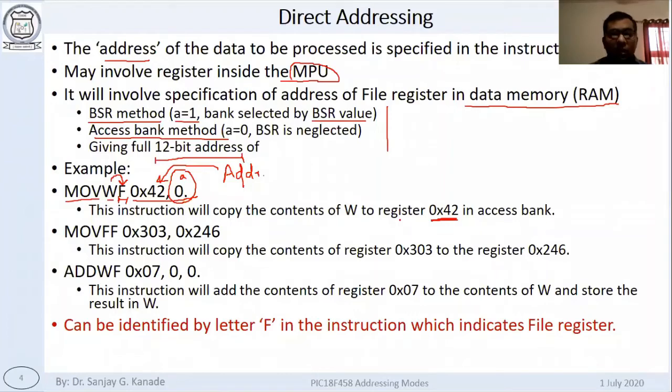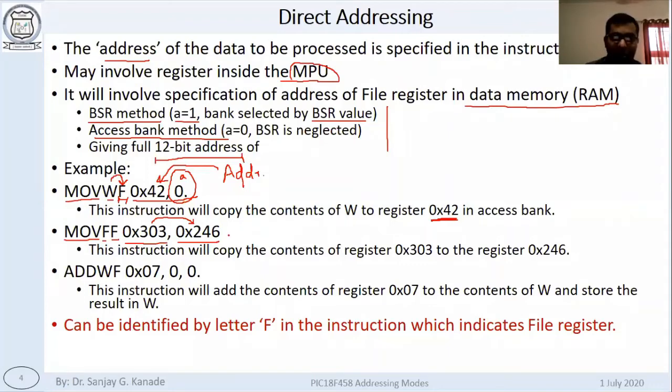Another example, MOVFF. What it does is copy the data from the first register to the second register. These are the full 12-bit addresses of the two registers. The instruction will copy the contents of register 303 to 246. We have seen these instructions already; now we are relating them to the addressing modes.